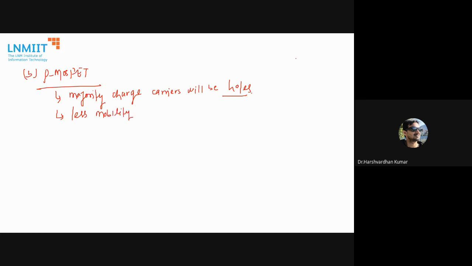How can you understand the mobility? Let us talk about the material, and here we will talk about the mobility. There are two types of mobility, mu n and mu p. Let us talk about silicon.